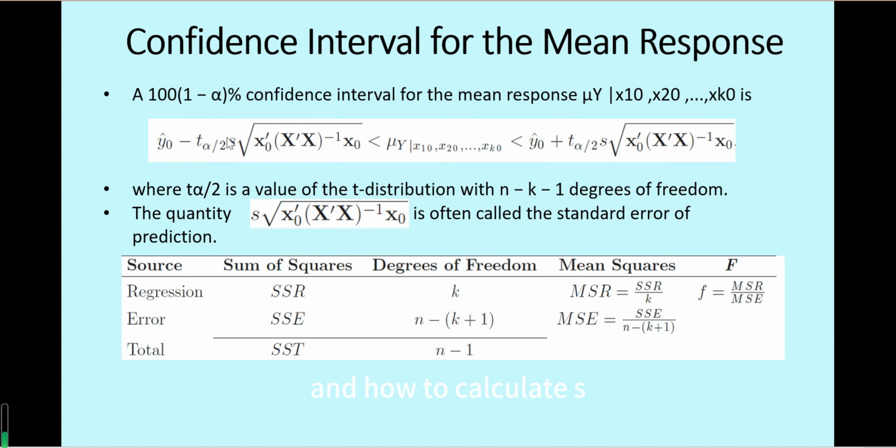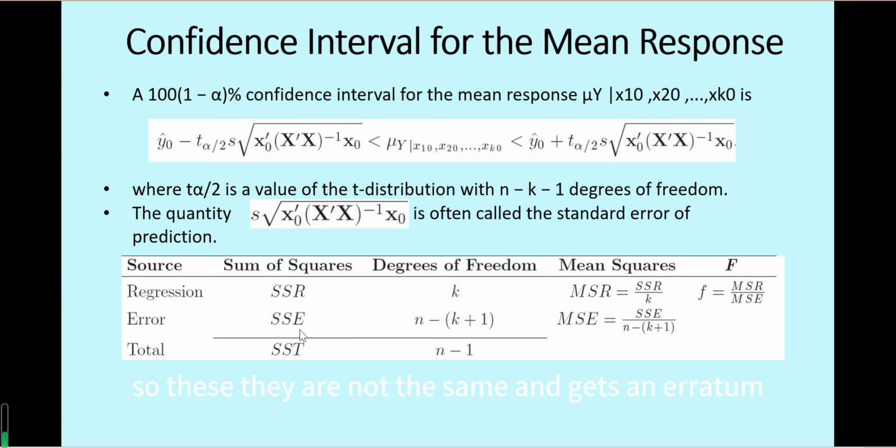And how to calculate S? If we look at this ANOVA table in multiple linear regression, we look at SSE, which is the sum of square error term. So e, error, is the difference between the observed y value and the estimated y value for individual x variables, right? So this is from the observations. In all the observations, we can get the error between the y observations and the fitted value of this observation.